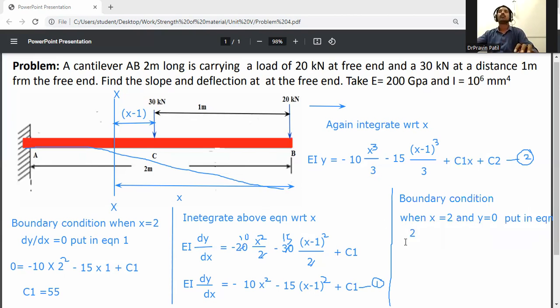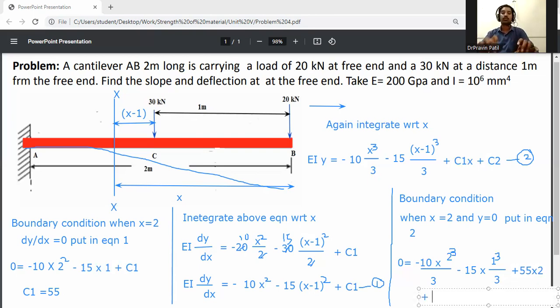So here y is 0, equal to minus 10 into 2³ divided by 3, then minus 15 into (2 minus 1)³, that means 1 cube, divided by 3, then C1, which we calculated as 55, into 2, then plus C2.